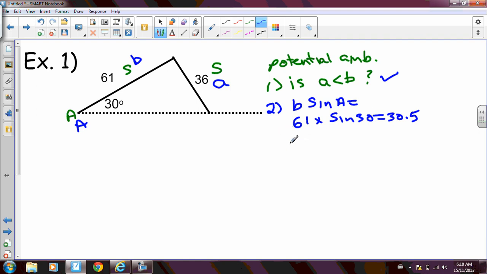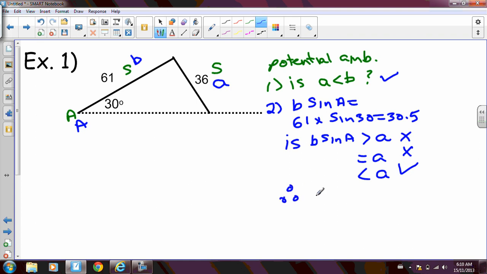So I then have to compare B sine A to the other side A. And my various possibilities is B sine A, which is the 30.5, greater than A, equal to A, or less than A. And B sine A is 30.5, so I'm comparing 30.5 to the number 36, and so it's not greater than A, it's not equal to A, it is less than A. And so therefore, we're going to have two solutions.